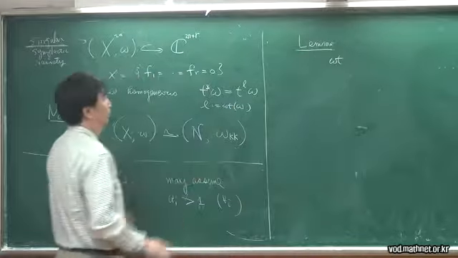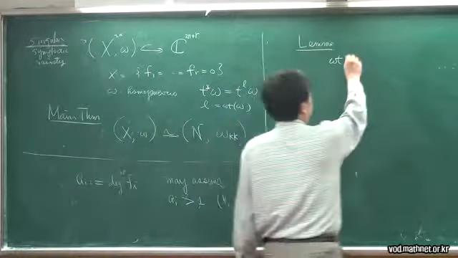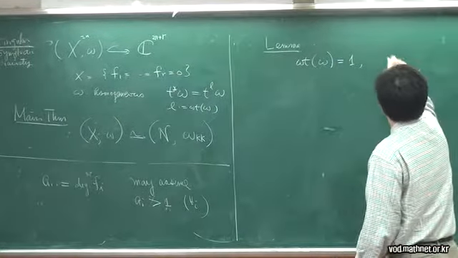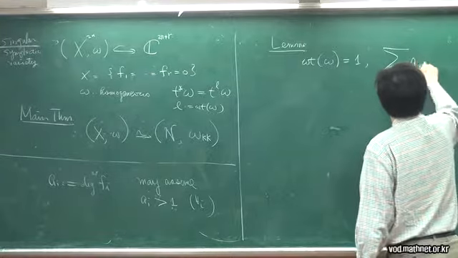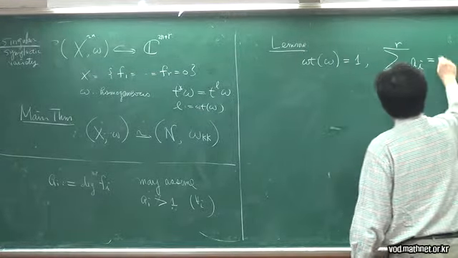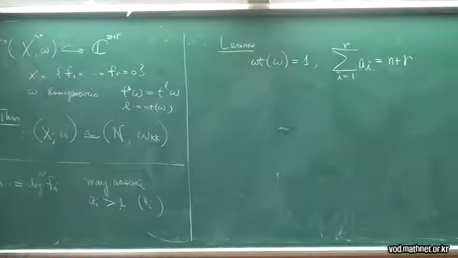Usually this is an integer, but in our case the weight should be 1, and the sum of a_i should be n plus r. This is the lemma. How to prove this?